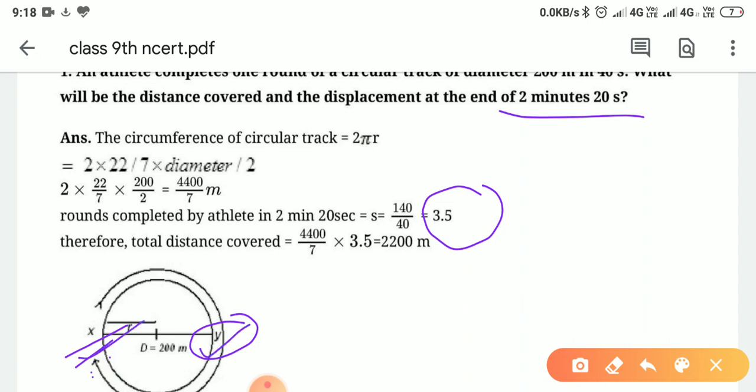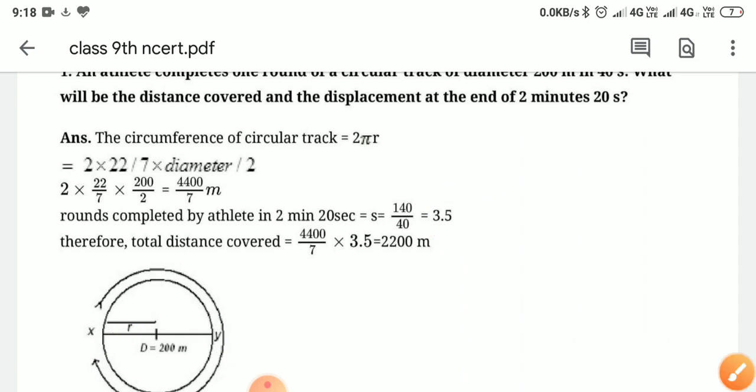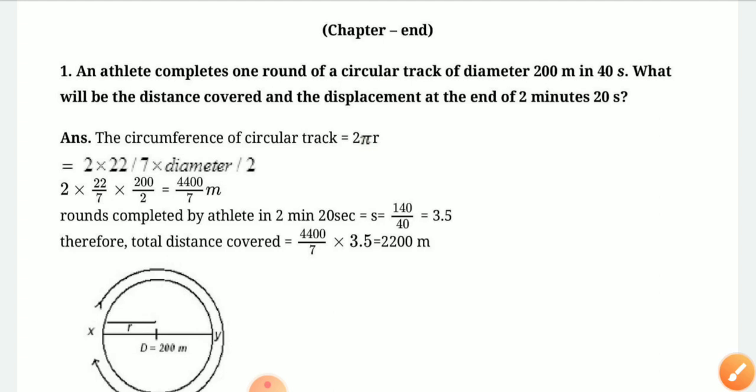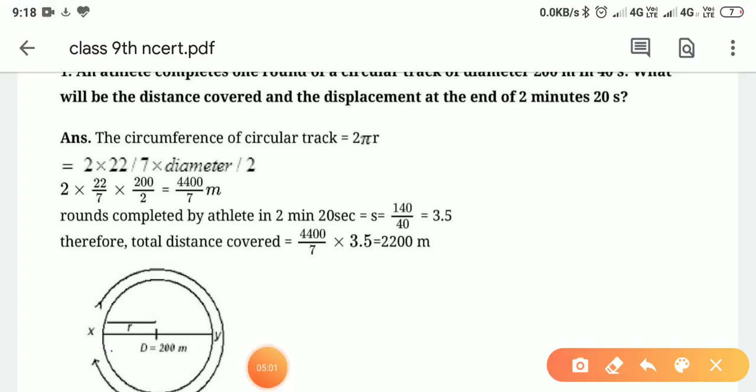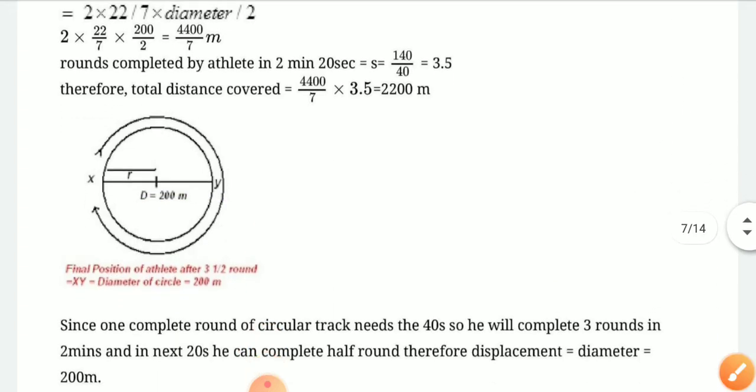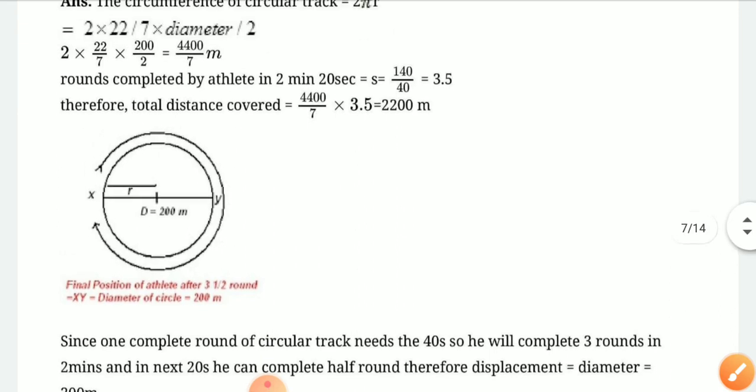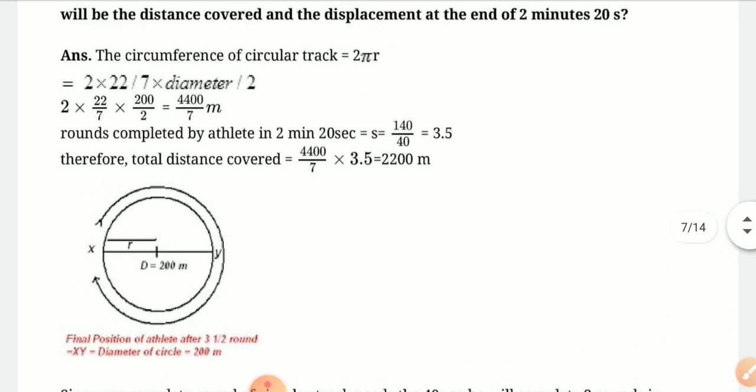So we have to find the displacement. What is displacement? Displacement is the shortest path. So we draw a straight line from x to y. This is the diameter, and the diameter in this question is 200 meters. So the displacement covered by that athlete in 2 minutes 20 seconds is 200 meter. Got it? Very good. So try this question.